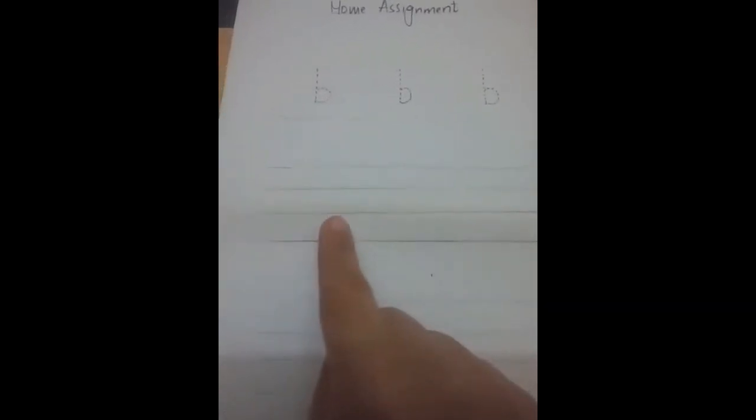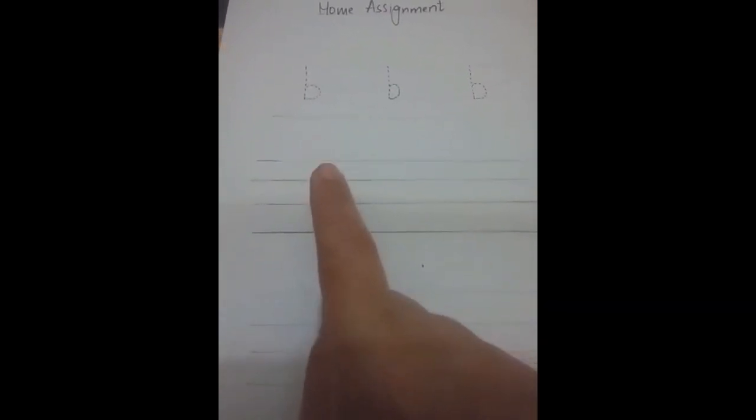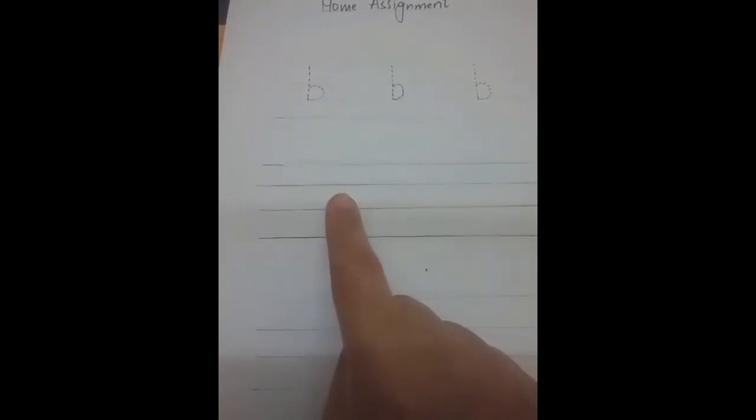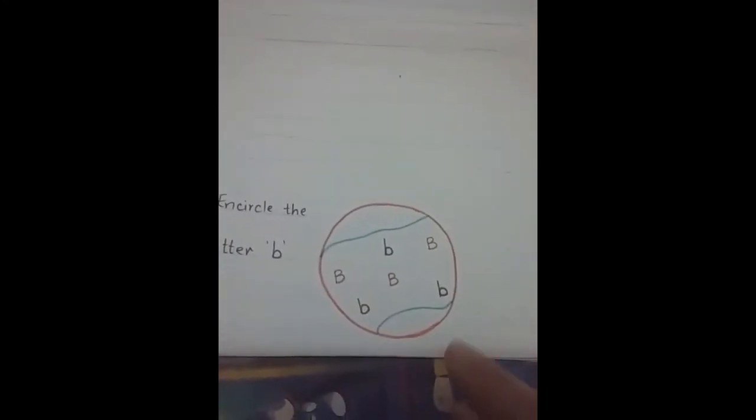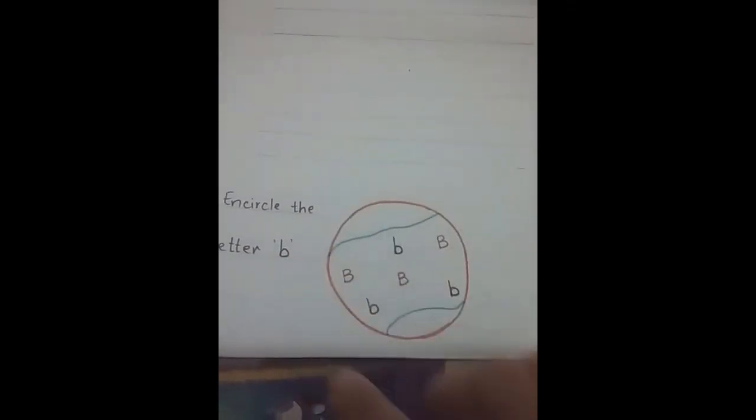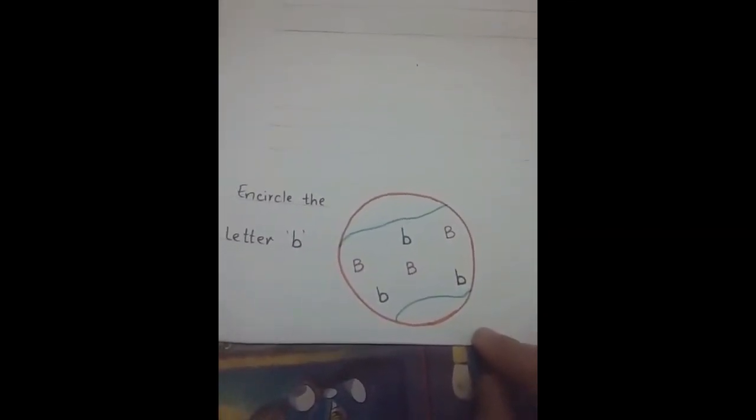Okay, you will not put any dots for the writing. You will give just instruction for the writing to the students, and students will do it independently. And at the end of this page, you will prepare this type of activity for the students.